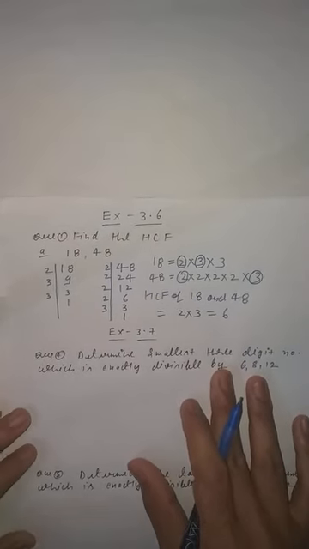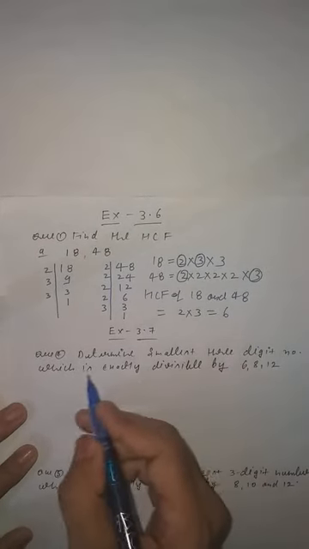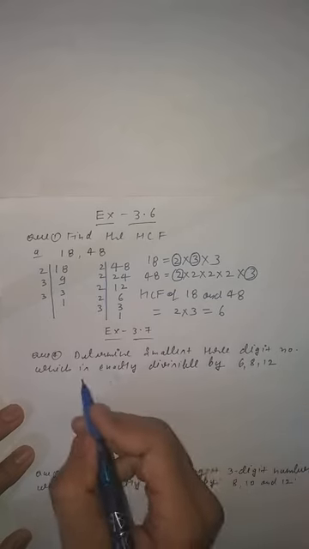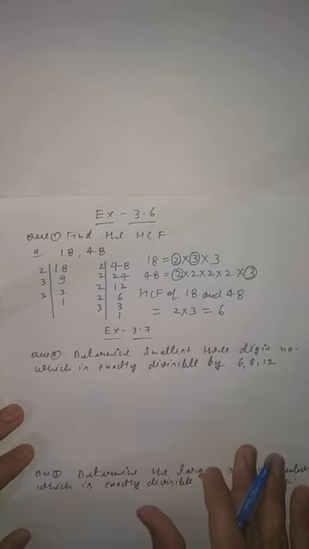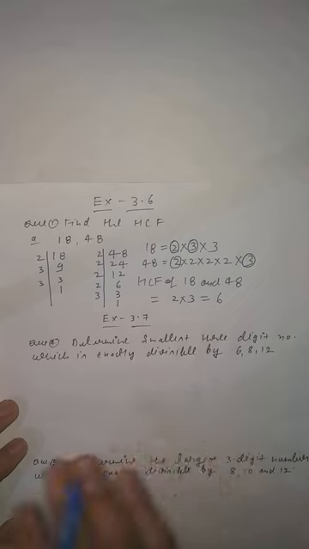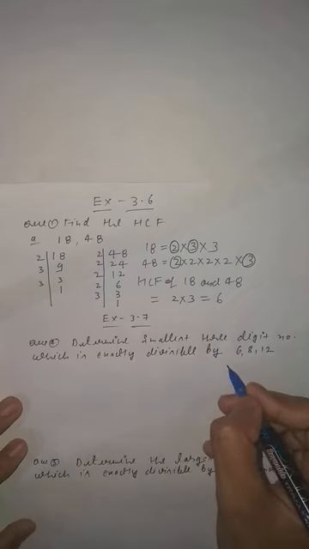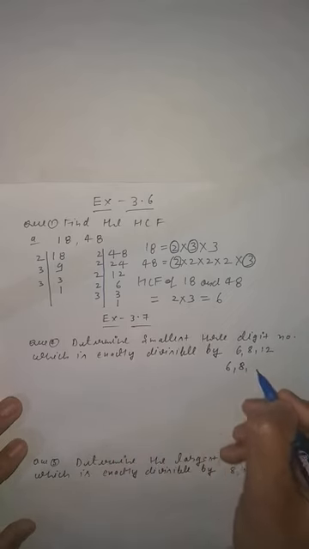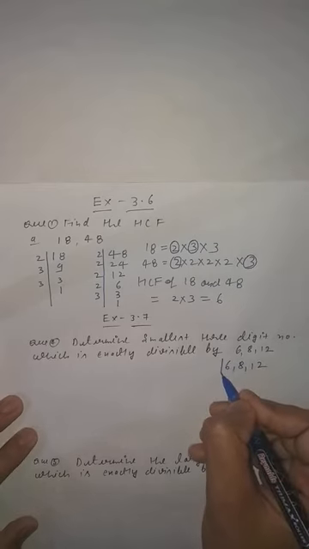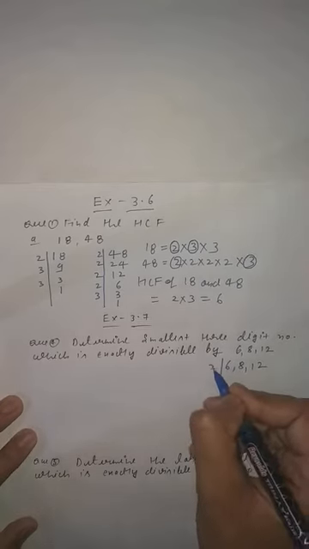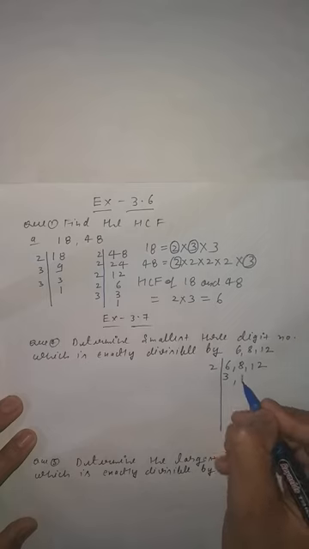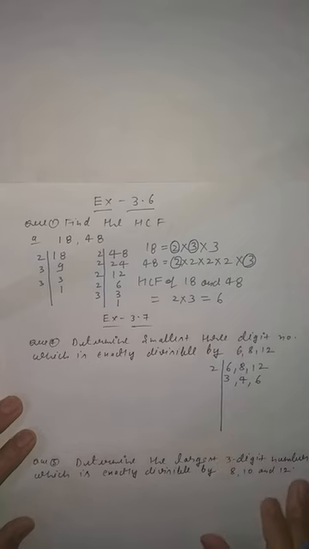Now our next question, exercise 3.7. Determine the smallest 3-digit number which is exactly divisible by 6, 8, 12. In this type of question, first we will find out what? First we will find out LCM. So find out LCM of these. 2 3s are 6, 2 4s are 8, 2 6s are 12. Clear?